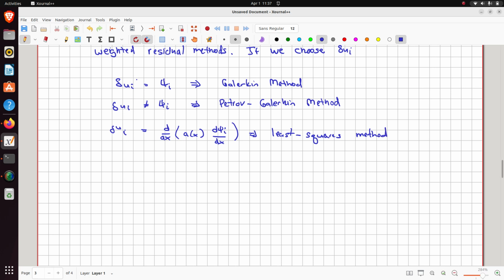It's called a least squares method because basically what's in the integrand will be squared, right? So you have del ui times something. If you choose del ui to be that something, then you have that something squared, right?